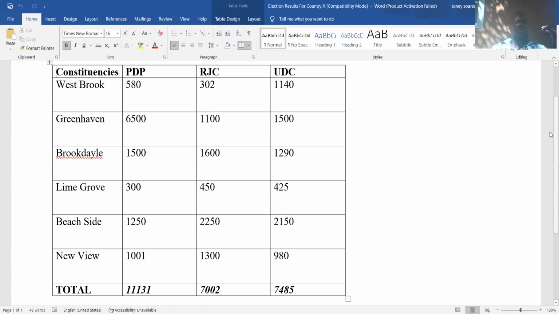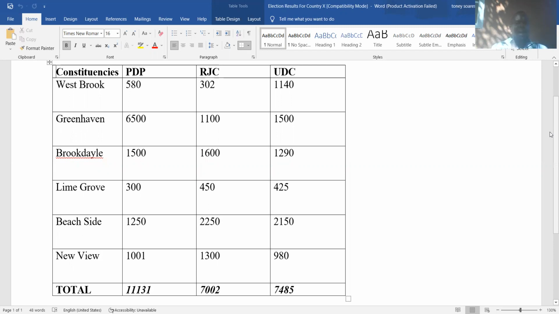We have Westbrook, Greenhaven, Brookdale, Lime Grove, Beachside, New View. At the end of the election, the candidate in each constituency that gets the most votes is declared the winner on the first past the post. For the constituency of Westbrook, the candidate for PDP got 580 votes.